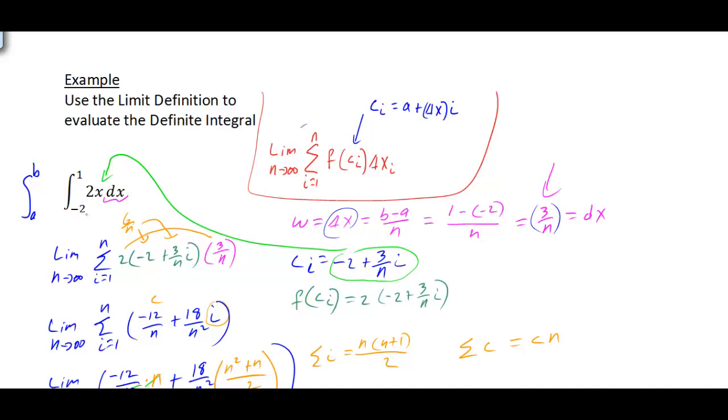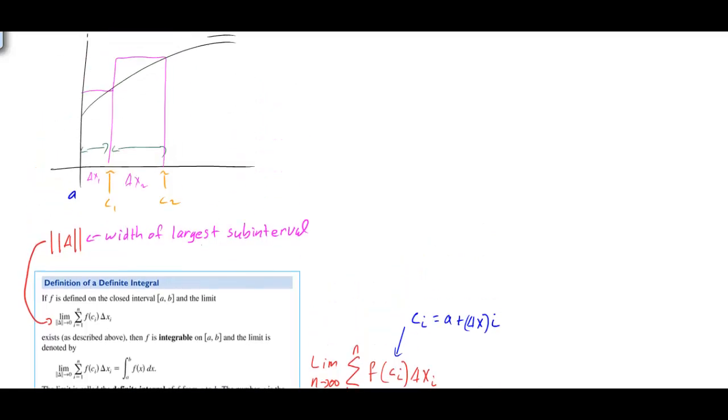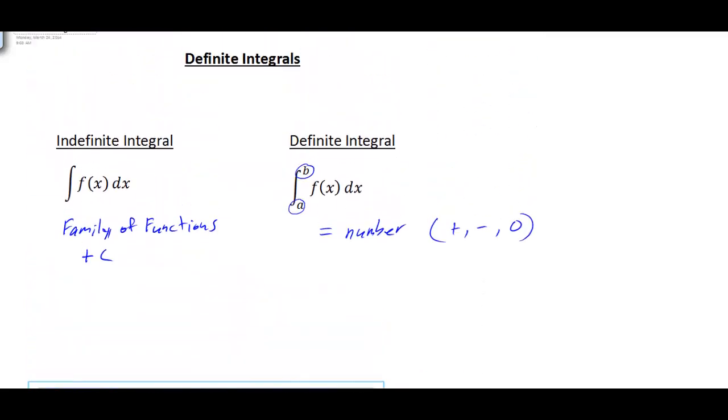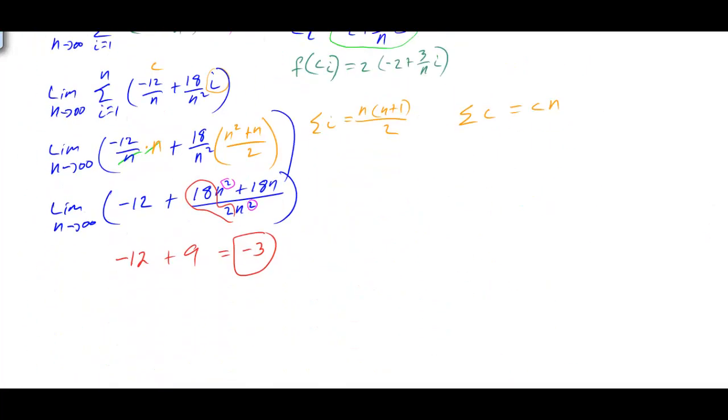The integral of 2x from negative 2 to 1 is equal to negative 3. So there's the difference with the indefinite where we had a function or a family of functions. The definite integral turns out to be a number, which could be positive, negative, or 0. And in this case, we end up with a negative 3.